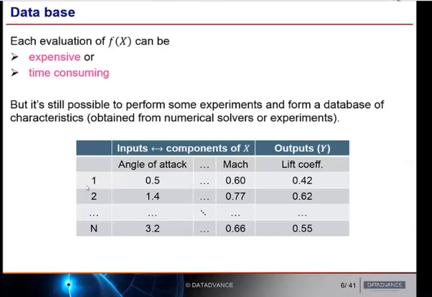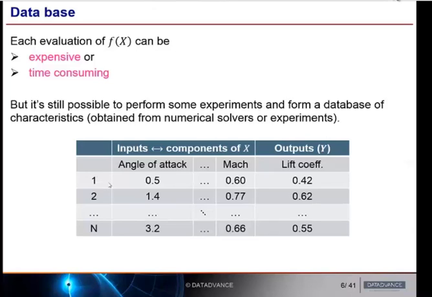And the answer is yes. We can use a so-called surrogate model for the unknown rule f. What is a surrogate model? Surrogate model f hat is some function which should be fast and cheap to evaluate and simulate behavior of f. In other words, it could be formulated as the following.